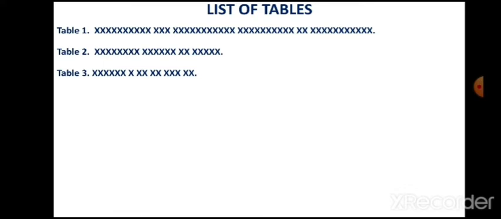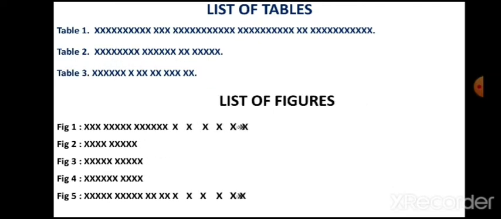Then the next part will be the list of tables. So whatever number of tables you have, you need to list them. So table number 1 and its caption, this is called the table caption, the title of the table. Table 2, table caption. Table 3, table caption. So likewise you need to write the list of tables.